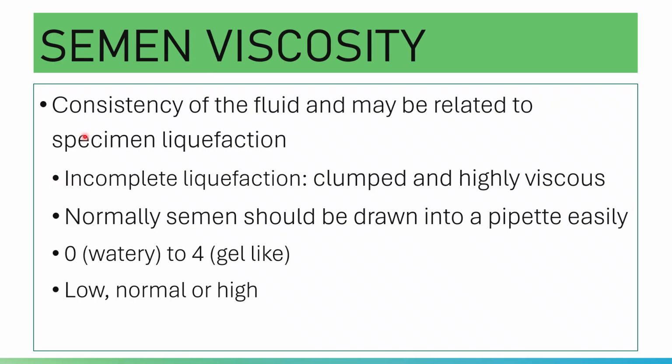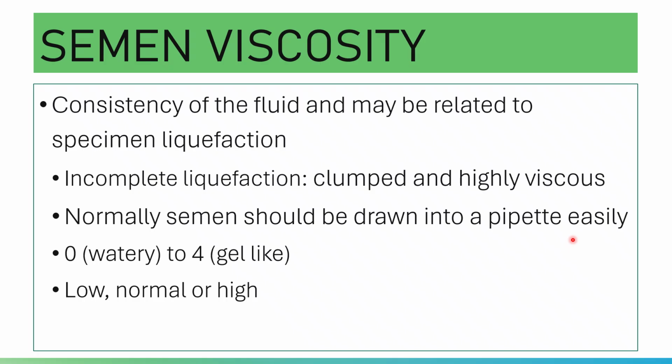Next is your semen viscosity. This is the consistency of the fluid, and it may be related to specimen liquefaction, because an incompletely liquefied semen sample may appear clumped and highly viscous. Normally, semen should be drawn into a pipette easily and form small discrete droplets that do not appear clumped or stringy when falling by gravity from a pipette.